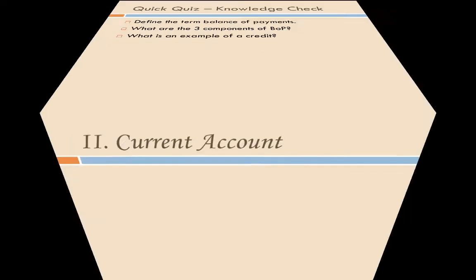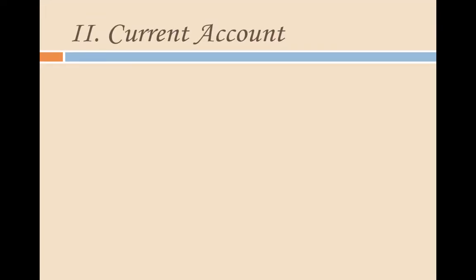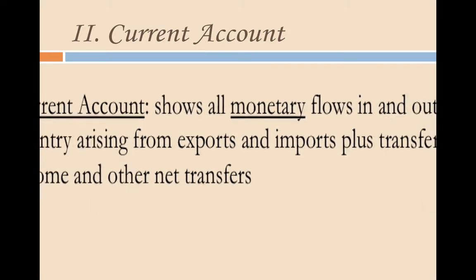Okay, now we need to look at the 3 components of the balance of payments: the current, the capital, and the financial account. You need to know the different components of this account and what comprises it. So let's define it first.